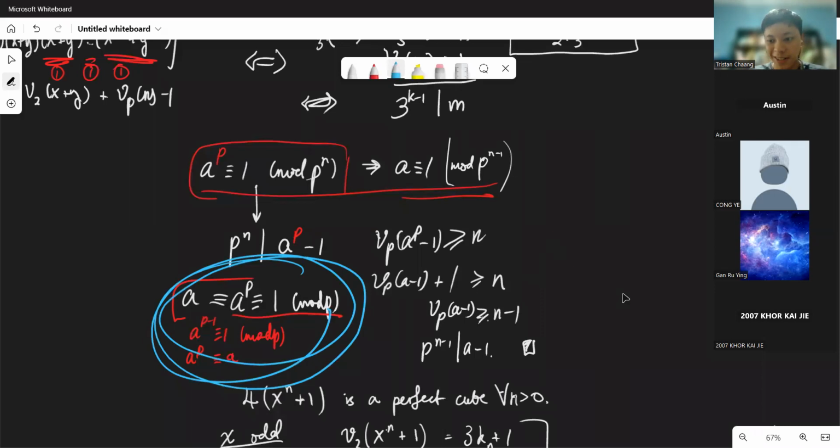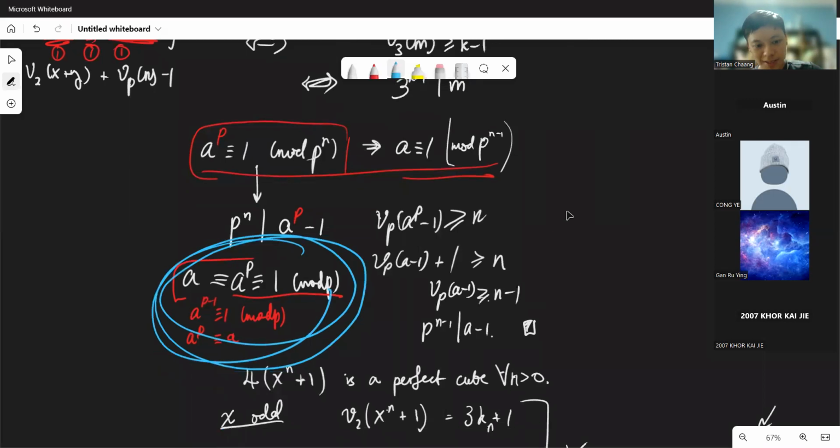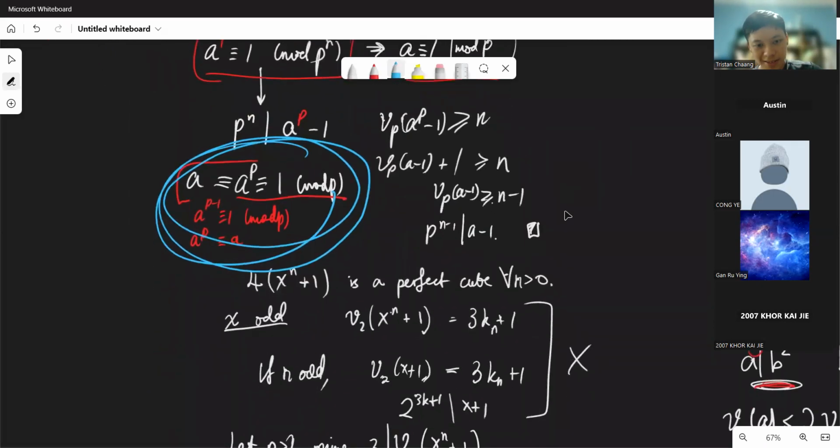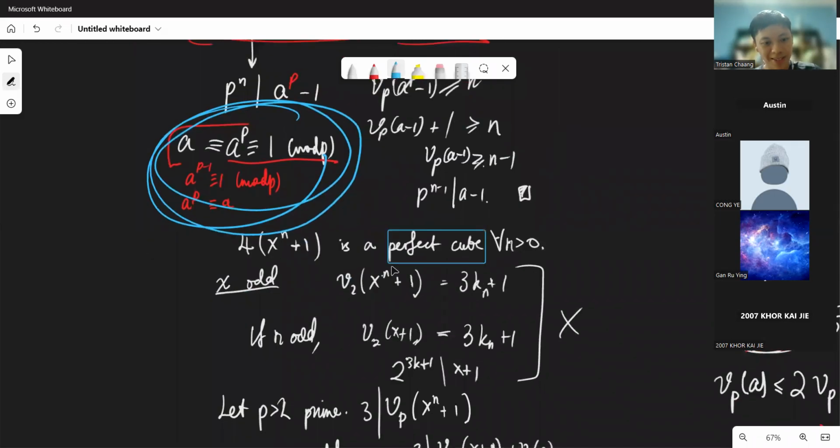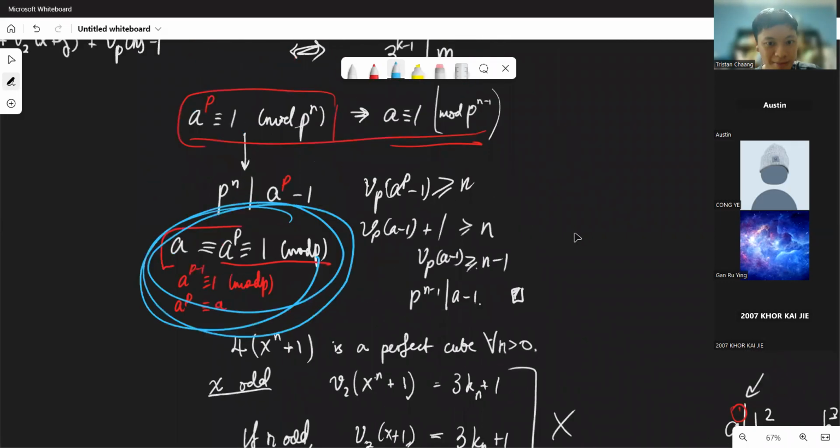So you mean this blue circle, right? Or you mean plus 1? The previous step. Oh, you mean this one?